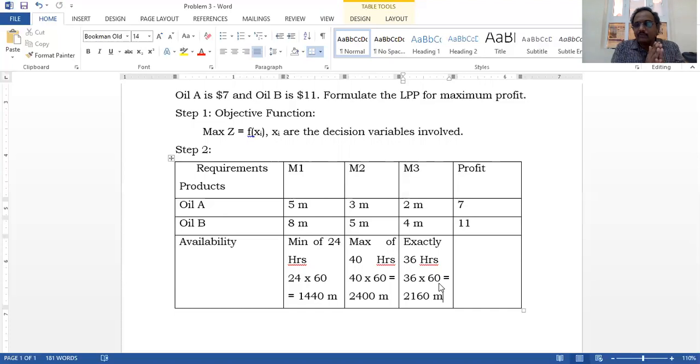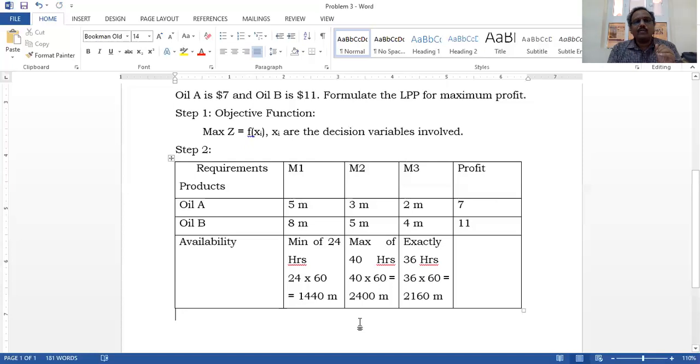For maximum, we are going to formulate the constraints with less than or equal to. For exactly, we are going to form the constraints with equality. Now, what I am going to do is define the decision variables.